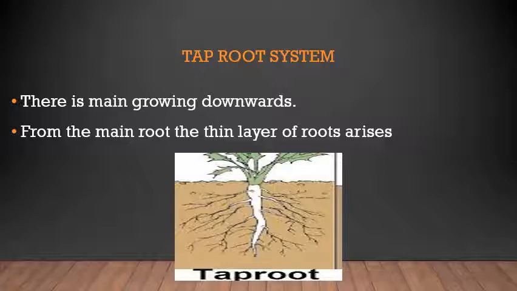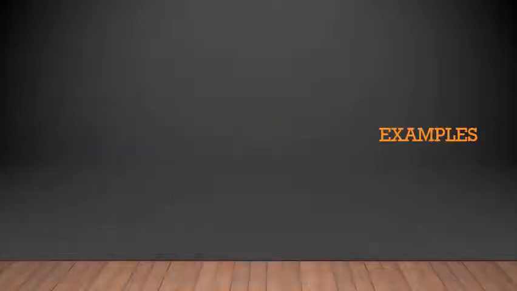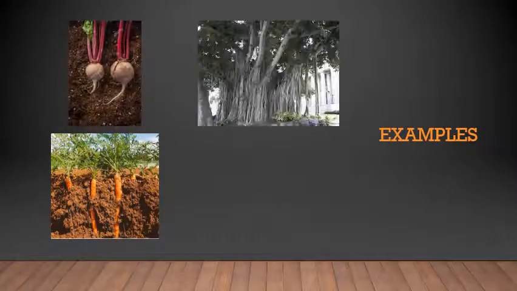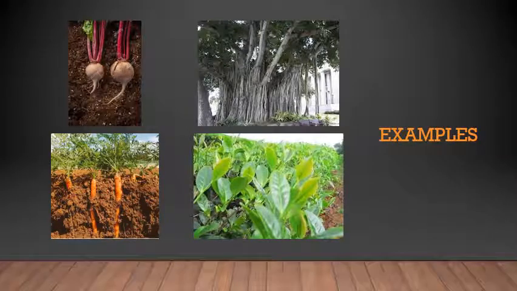Now this taproot bulges at the top and then thins out as it grows downwards. As you can see, it is thick here, it is fat here. As it keeps growing, it becomes thinner and thinner. That is the speciality of the taproot. Now the examples for the taproot are carrot, beetroot, peepal tree and tea tree.